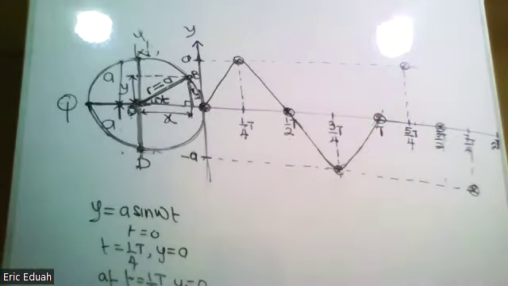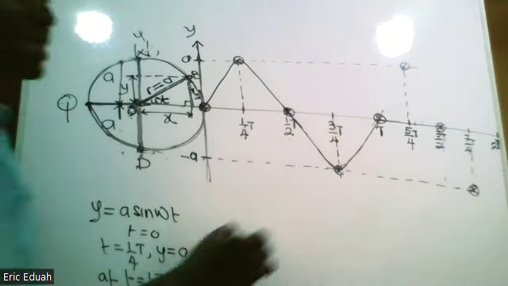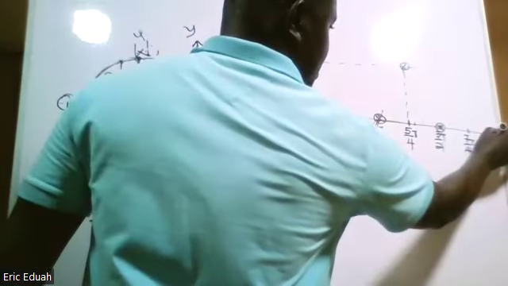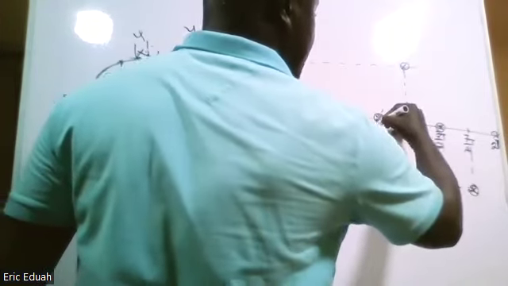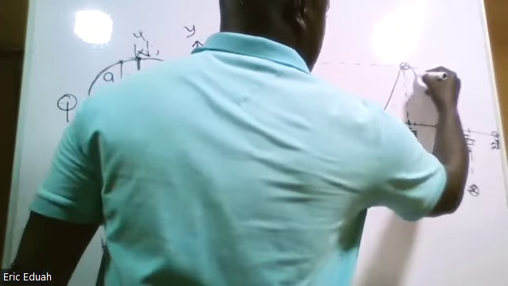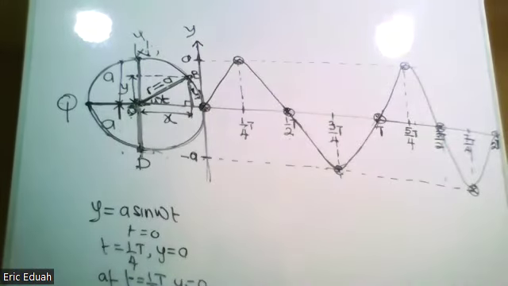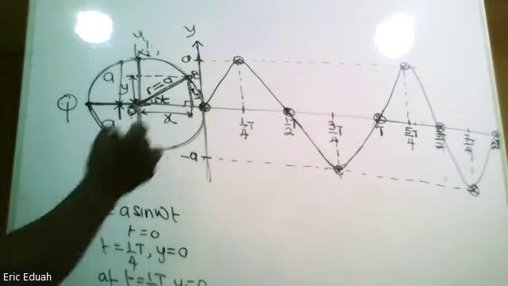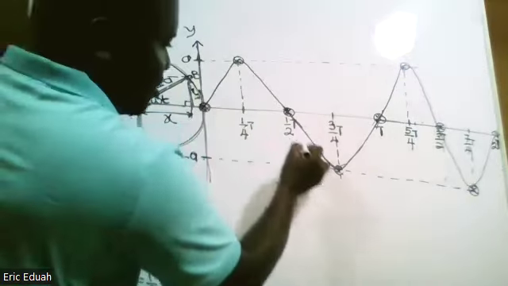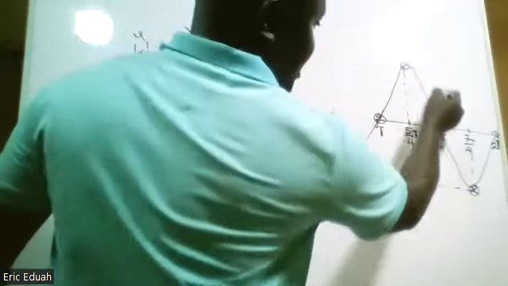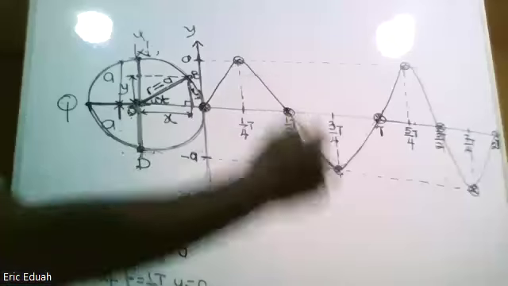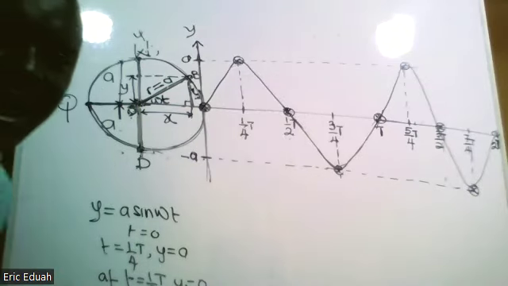When t is equal to 2T, displacement is 0. So for 2 cycles, that's how it will go. So look at it, repetitive. One cycle, another cycle. So it's a repetition of the whole thing.